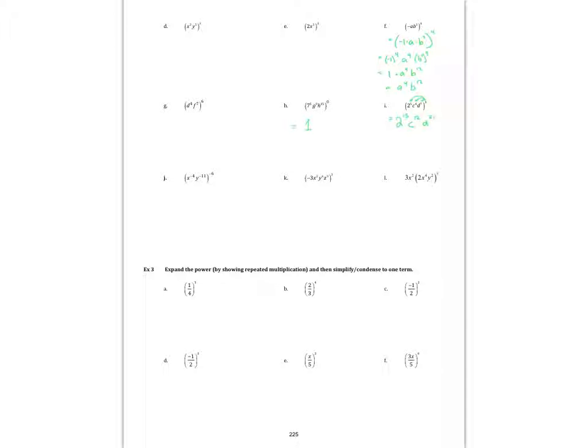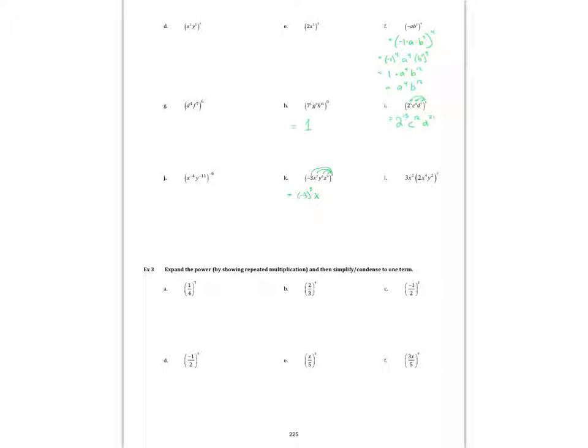Let's look at K. Negative 3x squared, y to the 6th, z to the 9th, all to the 3rd power. Again, when you get a negative number here, I like to just separate that out. So this is going to be negative 3 to the 3rd, and then x to the 6th, because I'm multiplying these exponents as I hand out the exponent to everything in the parentheses.